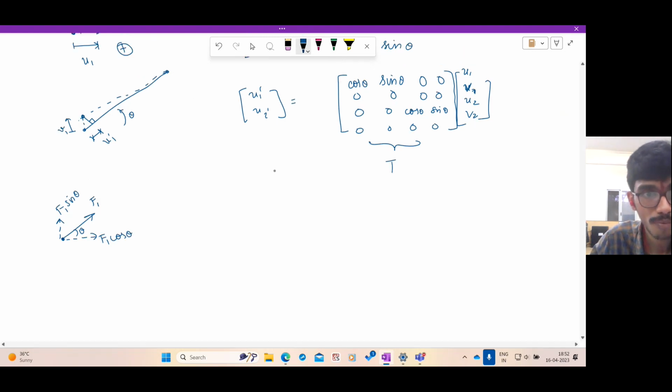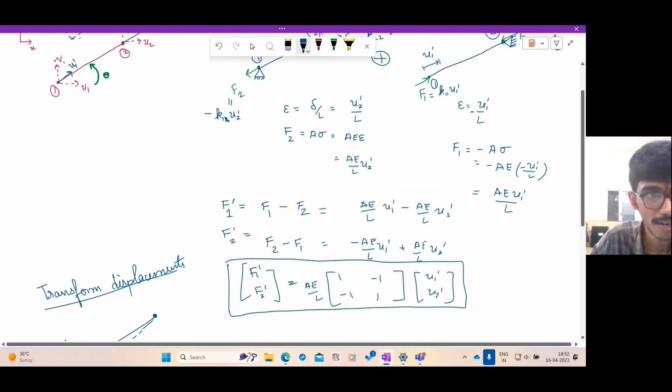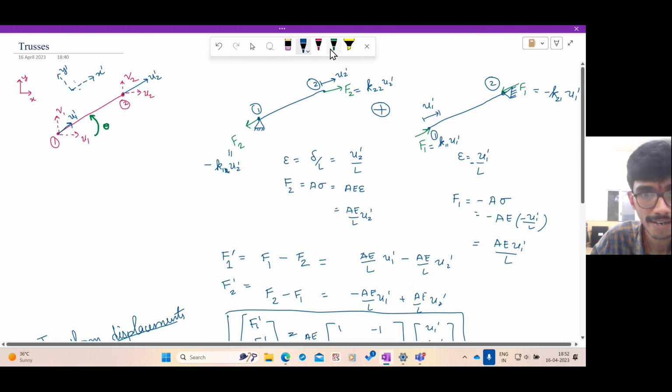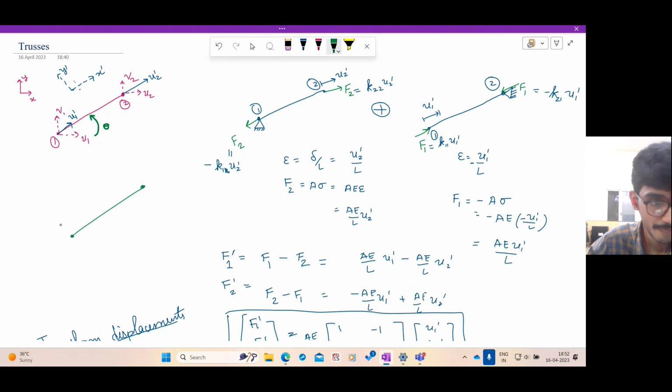So how are the global forces related? Let me also draw a diagram of forces. The force diagram is like this. Locally, you have F1 prime, F2 prime, and globally you have F1x, F1y, F2x, F2y.